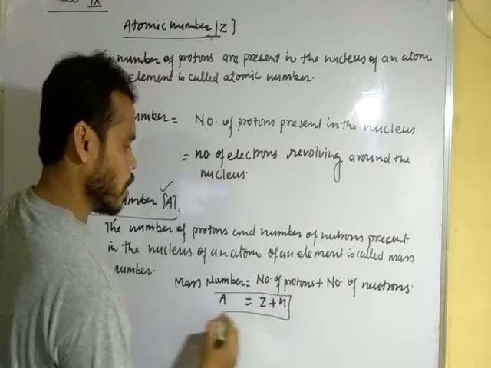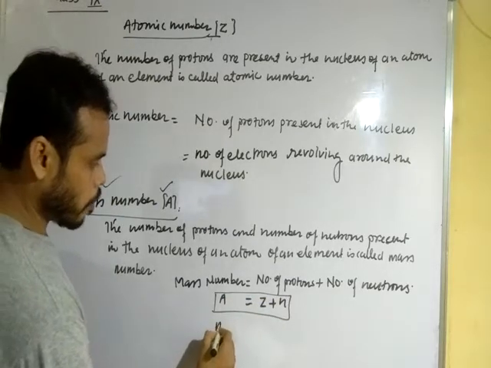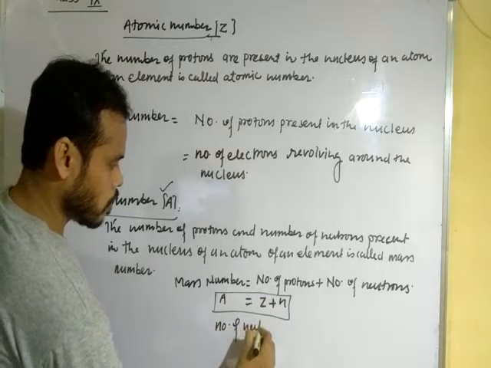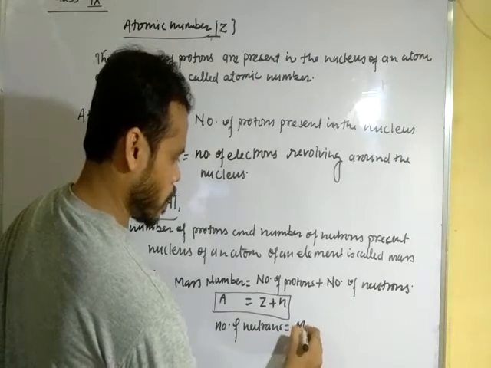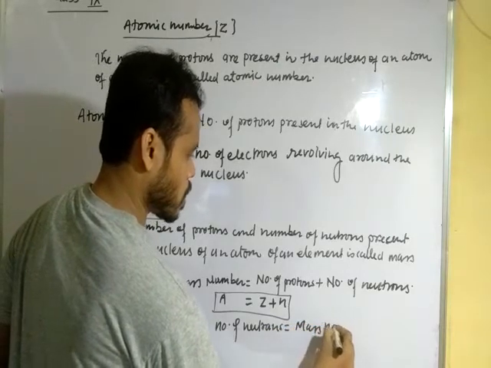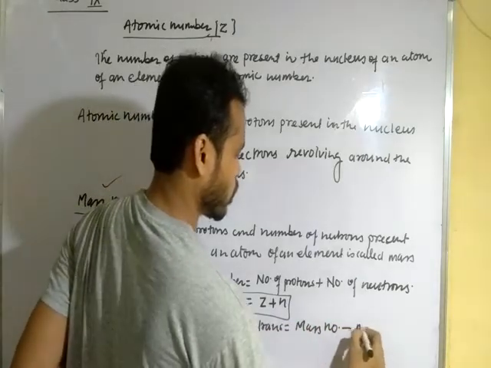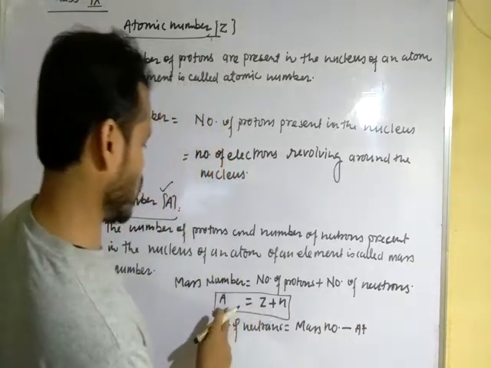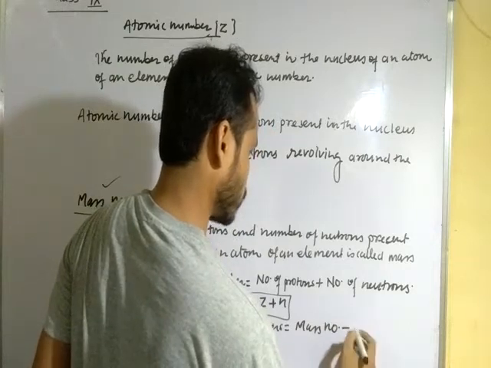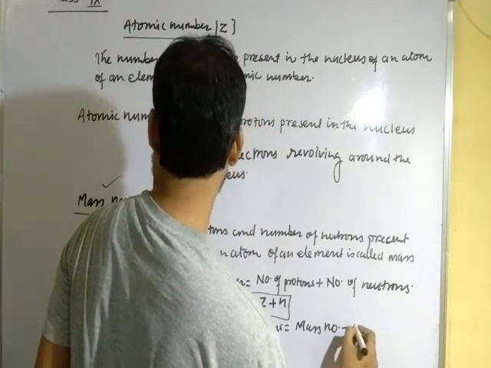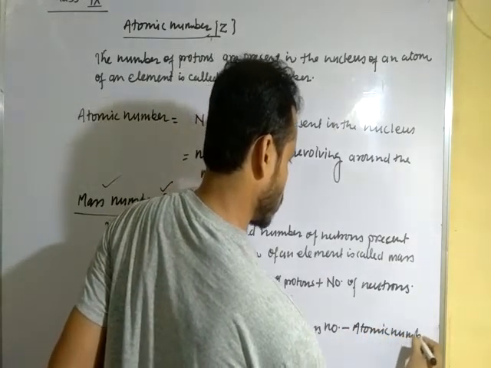This is the formula. If we want to find out the number of neutrons, then number of neutrons is equal to mass number minus atomic number, that is, minus number of protons.